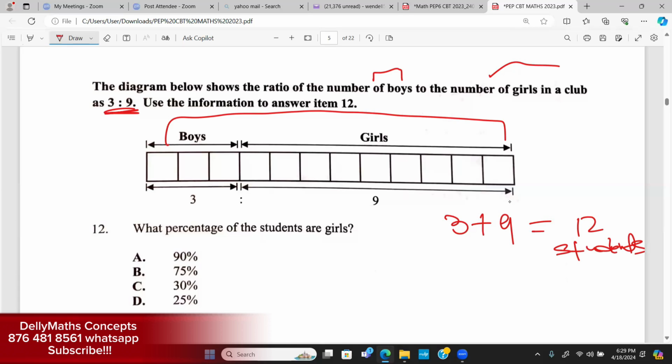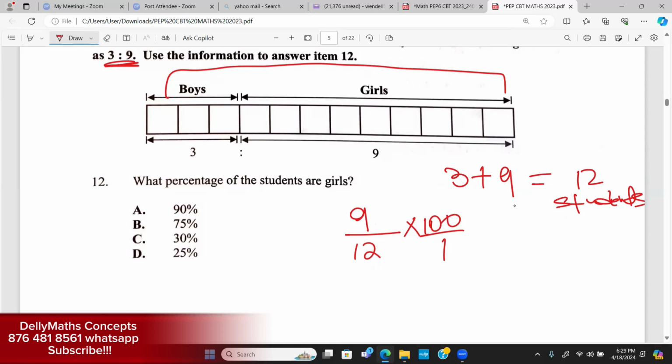So you could represent this like say, okay, 9 girls out of a total of 12 times 100 over 1. And it's going to tell you the percentage. Now you could work this out whichever way you're comfortable. For example, let us say we divide this by 3, 3 into 9, 3, 3 into 12, 4, and then 4 into itself, 1, 4 into 100 is 25.